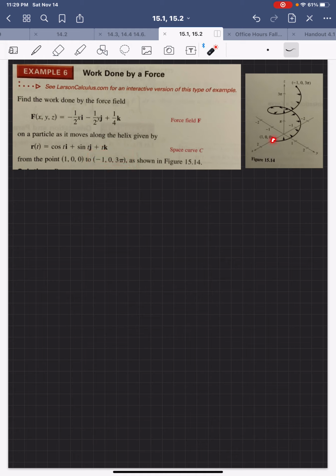So from here to here, how much total work is accumulated? The first thing you're going to want to do is build your integral. I'm going to write the things that are known, because the first part is key.